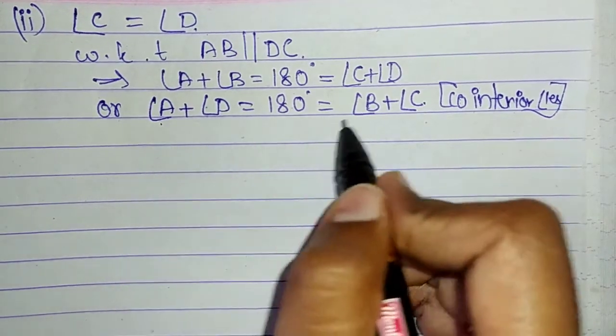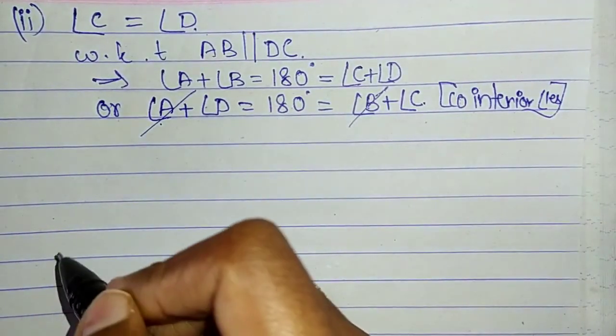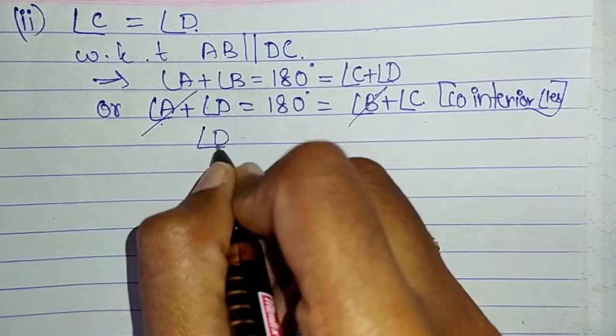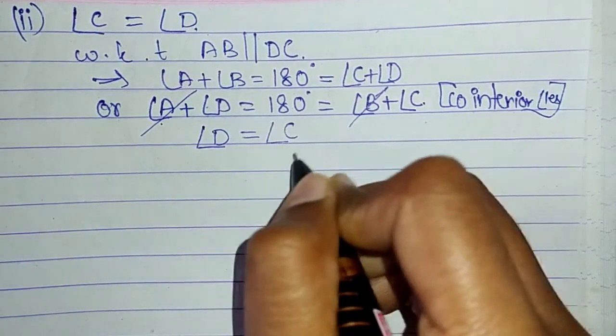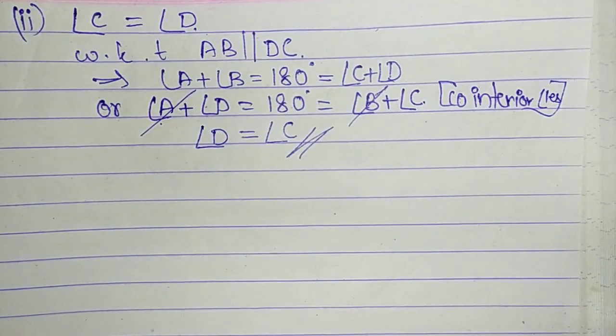We know that angle A is equal to angle B from result 1, so they cancel each other. So we can write angle D is equal to angle C, hence proved.